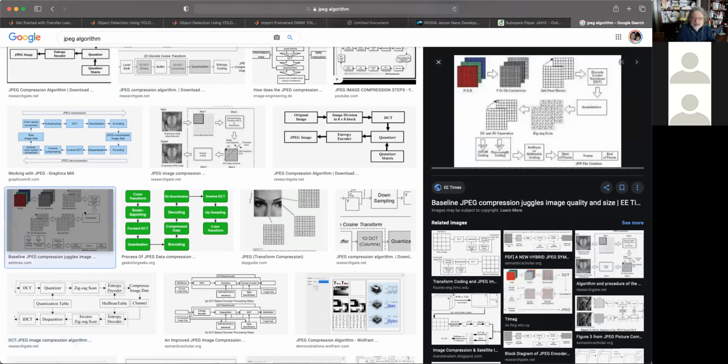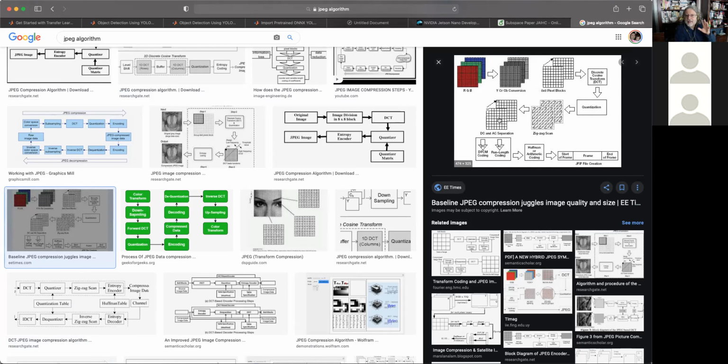I can see another interesting visual here, which converts the RGB into YCrCb, like YUV, and it splits them into 8x8 blocks, and to those 8x8 blocks, it applies the discrete cosine transform, quantization, zigzag coding, DC and AC separation.